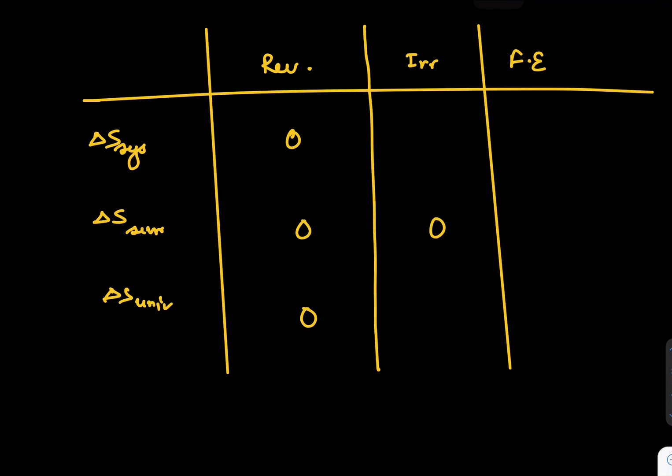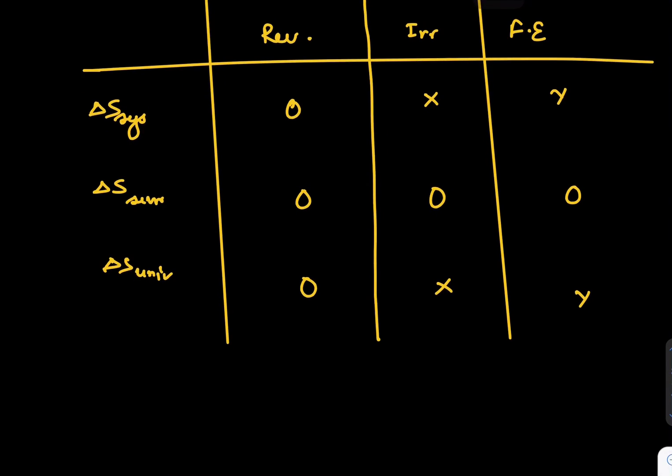So surrounding is 0 in all three cases. System, if it is X, the same X is written here. If this is Y, the same Y is written here. And what is this X? X is nothing but nCv ln T2 prime upon T1 plus nR ln V2 upon V1. And what is this Y? It is nR ln V2 upon V1.